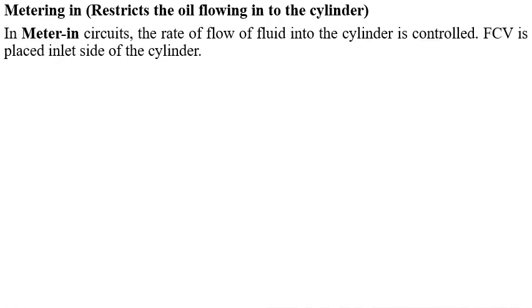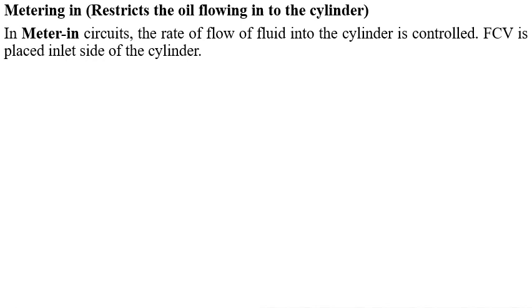First we will move on to metering in. As the name implies, it restricts the oil flowing into the cylinder. How does it happen? In meter in circuits, the flow control valve is installed on the inlet side of the cylinder.